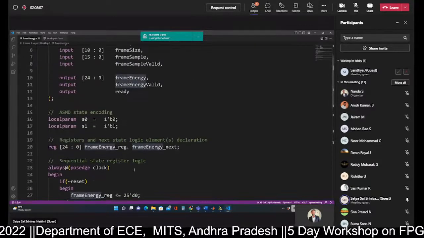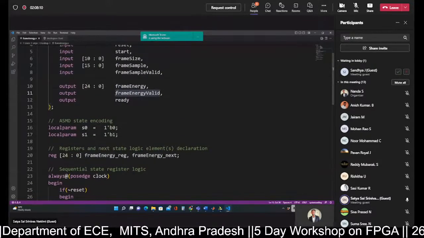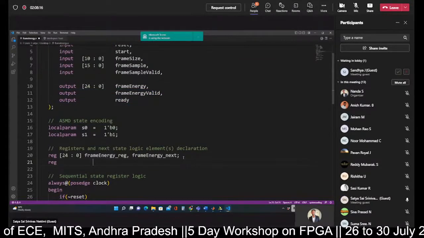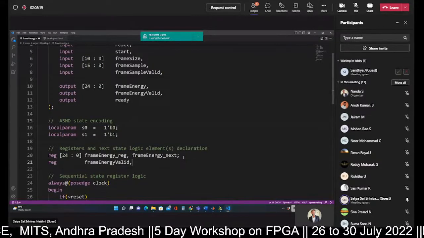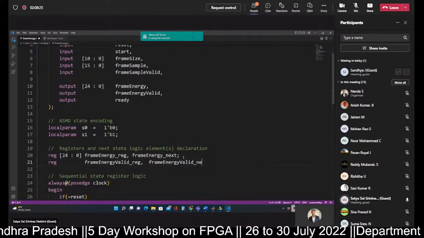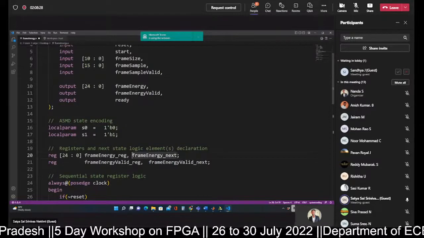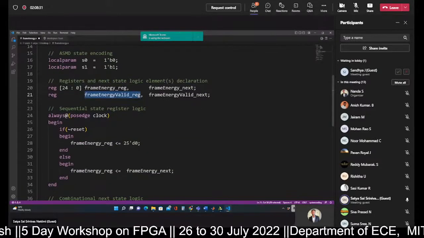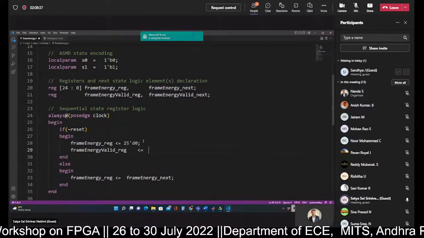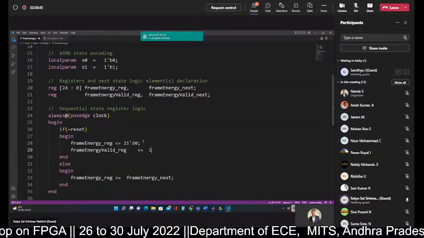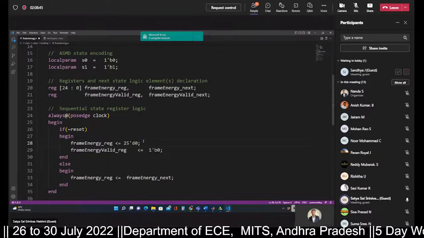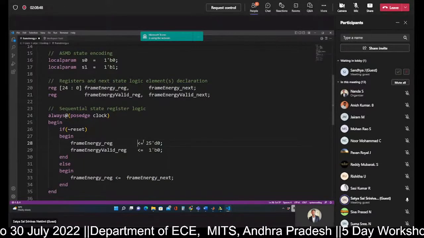In a similar way, we have to define a register for the frame energy valid signal. And this register, by default, should be reset to 0. So even in the absence of an energy value, it should not tell that the energy is valid, right?